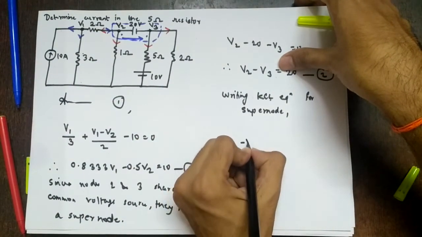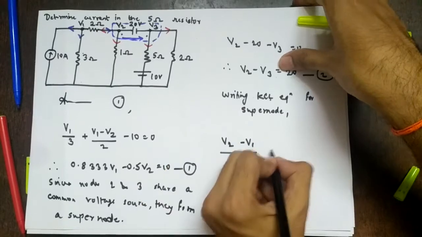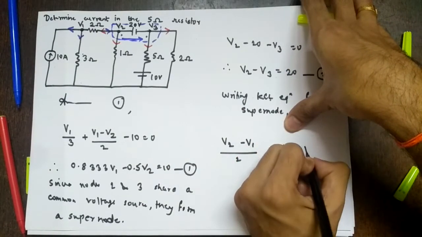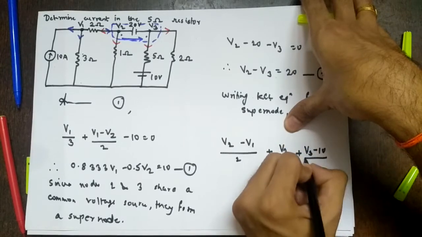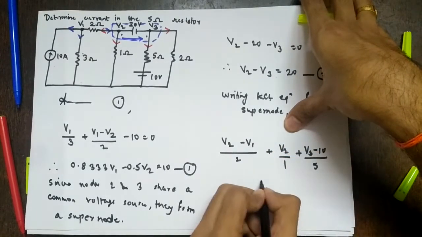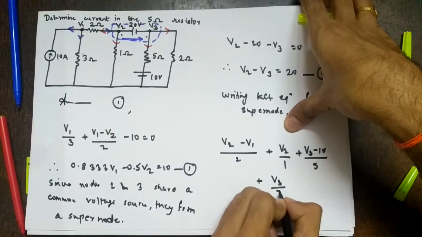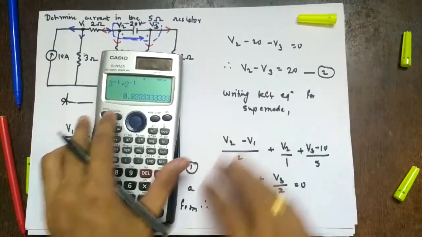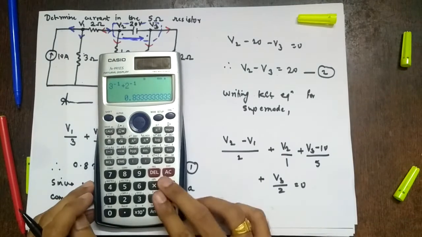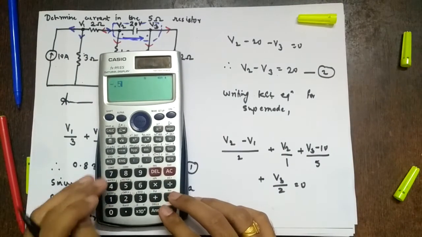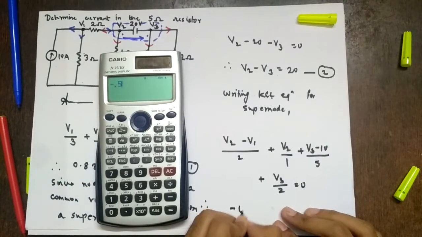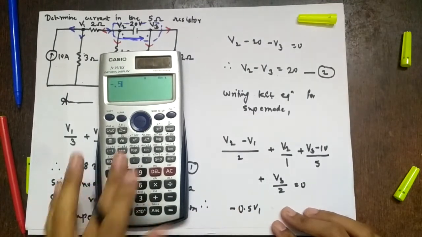V2 minus V1 upon 2 plus V2 upon 1 plus V3 minus 10 upon 5 plus V3 upon 2, nothing is remaining, so equal to 0. Therefore, again solve them. Collect the terms in V1: minus 0.5 V1.